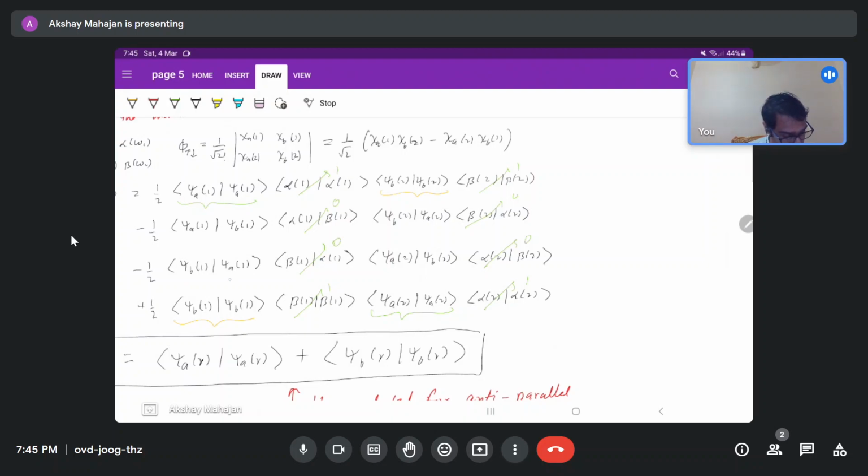So they are just complex conjugates of each other, right? Okay, sorry, my mistake. Look at this.